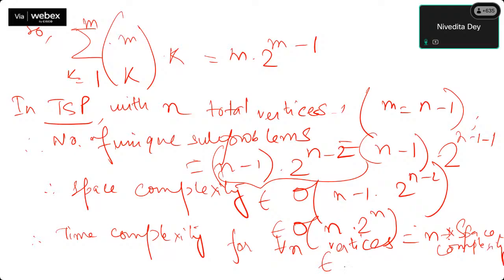So this is n into 2 to the power n, so it's basically big O of n square into 2 to the power n. So this gives us an idea why we are considering this.